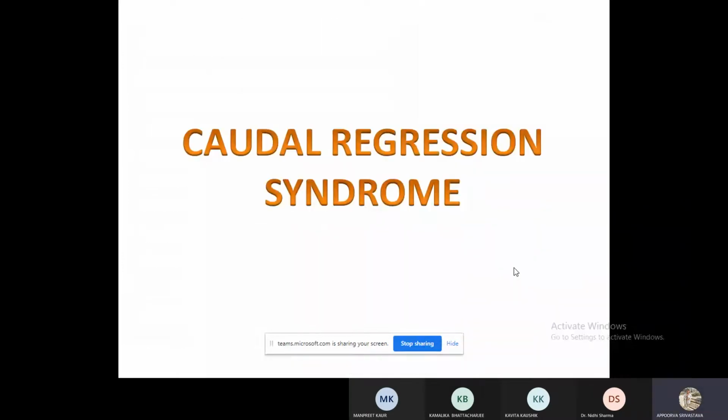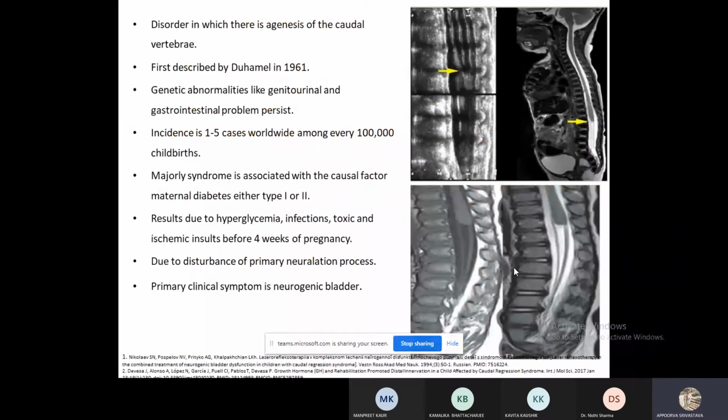Next is caudal regression syndrome, the disorder in which there is agenesis of the caudal vertebra. First described by Duhamel in 1961, it is a genetic abnormality, and genitourinary and gastrointestinal problems persist. Incidence is 1 to 5 cases worldwide among every 1 lakh childbirths.